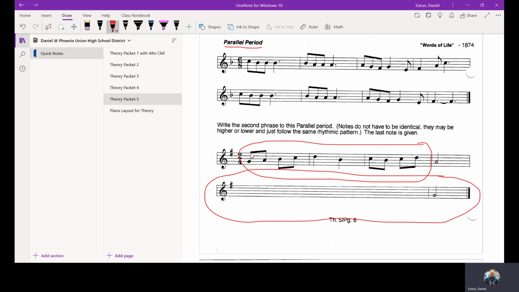So at the very least, make sure you're using 4 eighth notes, 2 quarter notes, 4 eighth notes in that order. But you can move around the notes. You could maybe make it B, A, G, C, D, A, B, A, G, A, and then it ends on a G down here. So that's just an example. As long as it's following the same rhythmic passage, it's going to be considered a parallel period because it's similar.